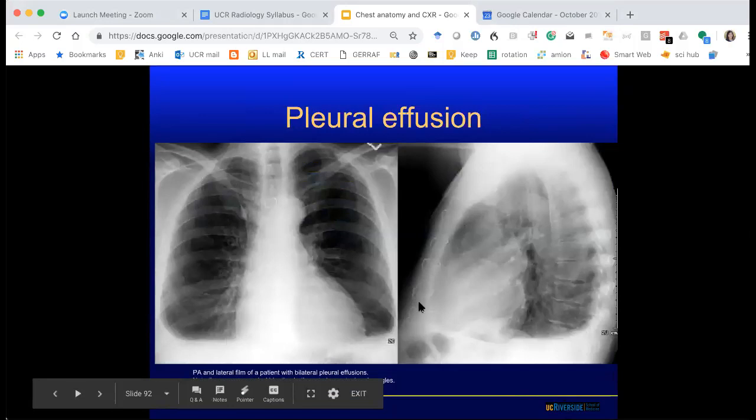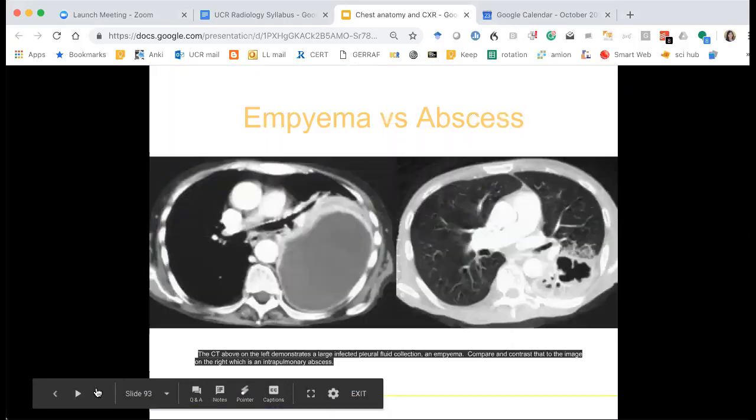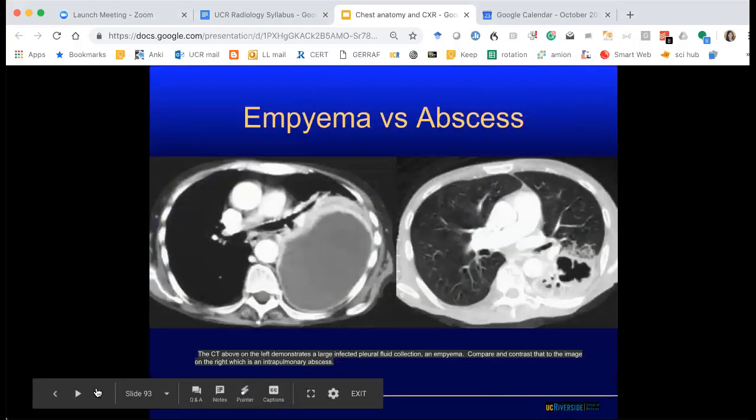It could be blunted anteriorly or posteriorly. If the anterior is blunted, you're more likely to see it. If the posterior is blunted, it's better to see it on a lateral radiograph. They call it subpulmonic effusion because you don't really see it well on the frontal. Again, it doesn't tell you what kind of effusion it is. It just tells you that there's an effusion.